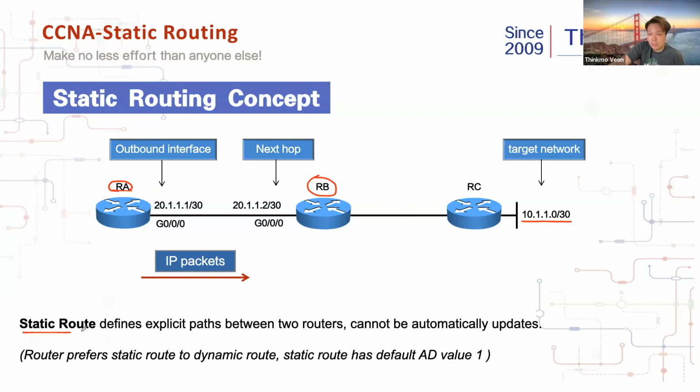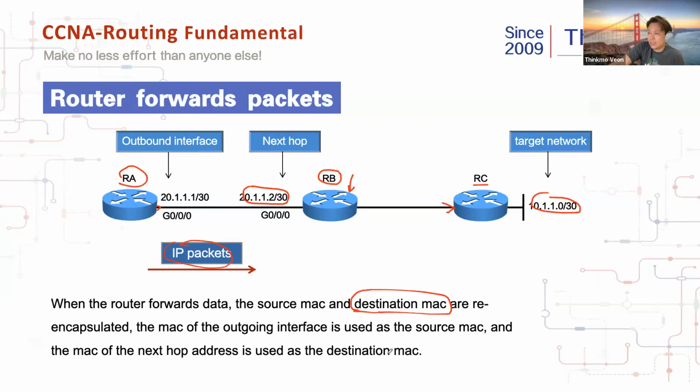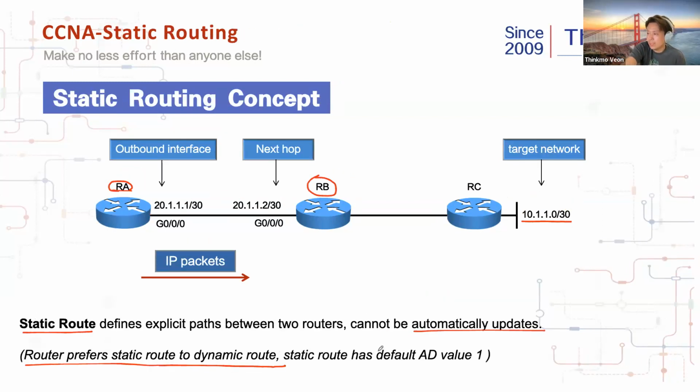So the static route is configured manually, which is not automatically updated. Router will prefer the static route to the dynamic routing because the static route has the default AD value of 1.